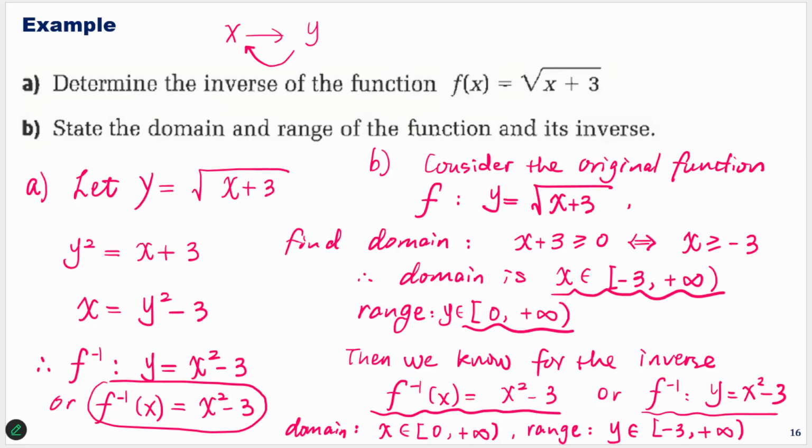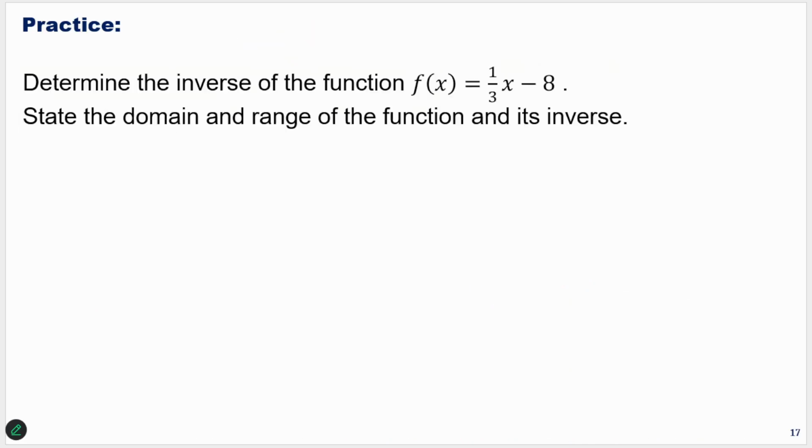All right, let's have a look at a similar question. This time you need to solve this independently to check your understanding on how to determine the inverse and domain and range of the original and its inverse. Let me know if you finish, and you can compare your result with mine.